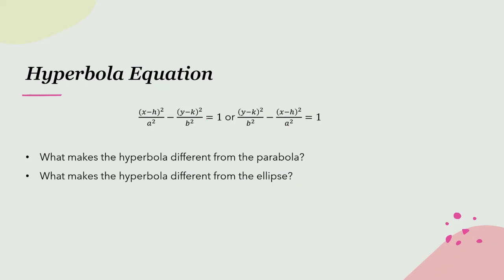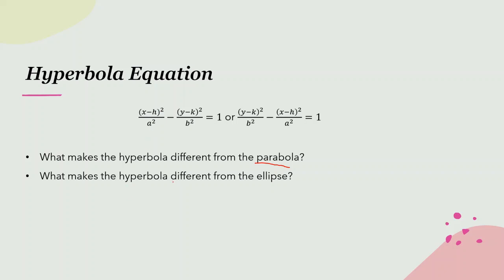And what makes hyperbola different from the parabola? In parabola, only one of the variables is squared, while in hyperbola, as you can see, both of the variables are squared and we have the denominators.